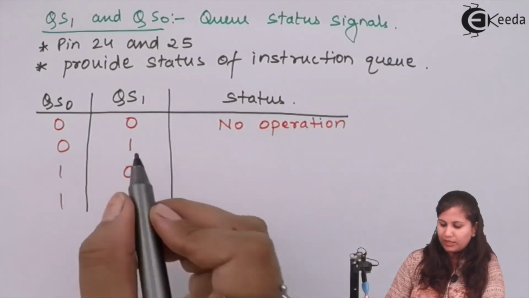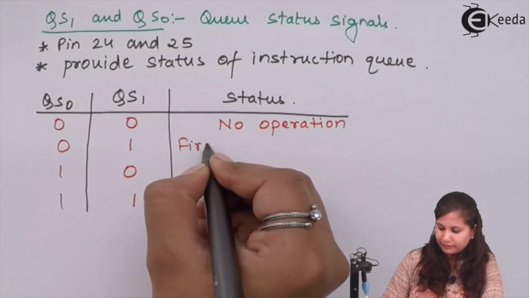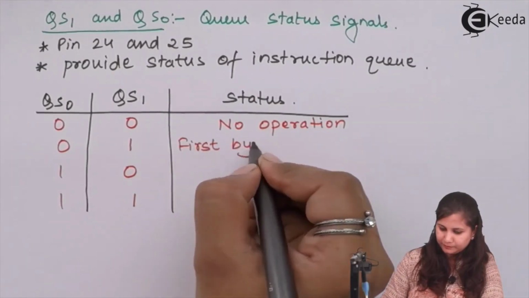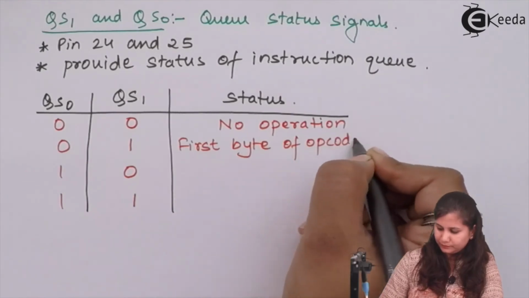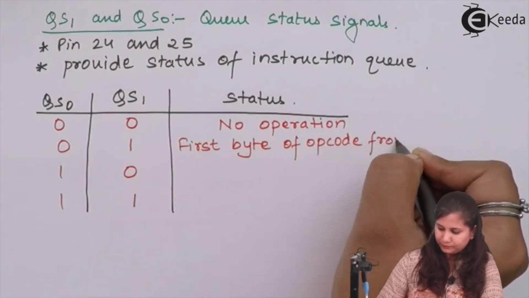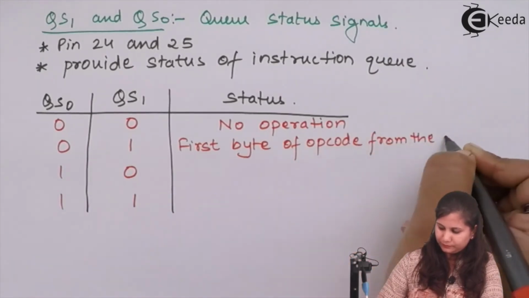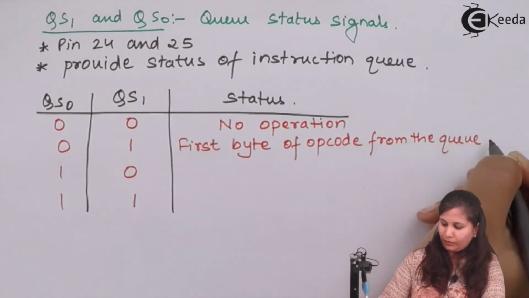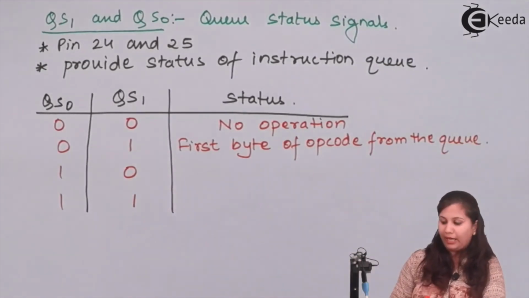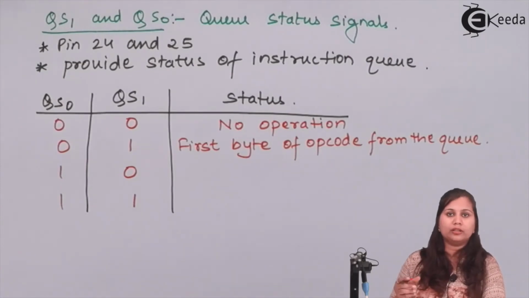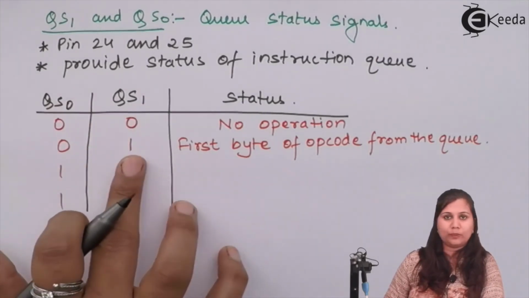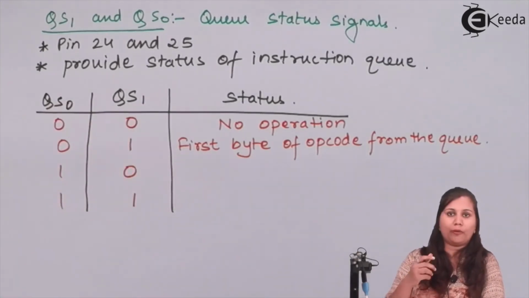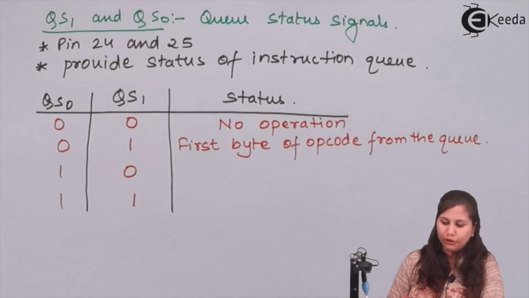When it is 0 1, then the first byte of the opcode will be fetched from the queue.